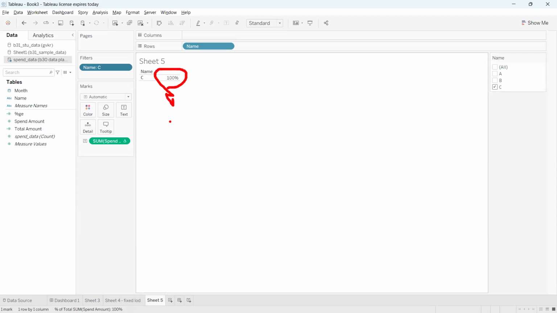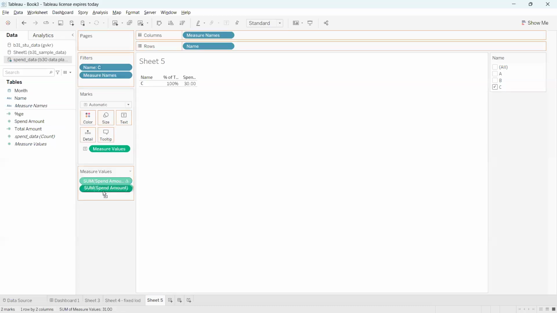Why? Because the spend amount is 30 rupees, and while calculating the percentage, Tableau sees the numerator is 30 rupees in the sheet. So in the denominator it will take the total sales also as 30 rupees only. Numerator and denominator both become the same, because of that we are getting 100 percent here.